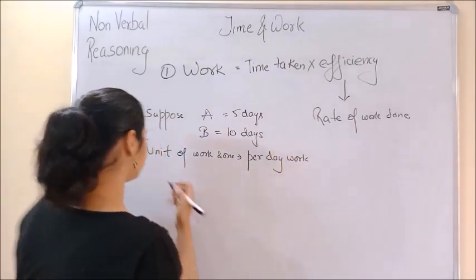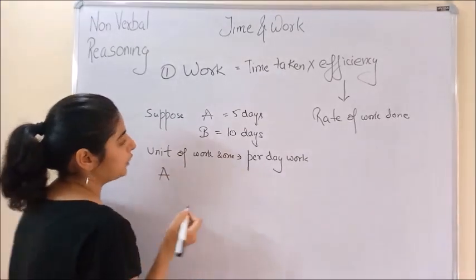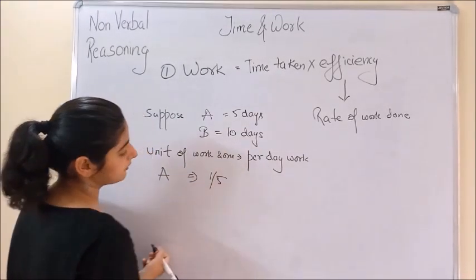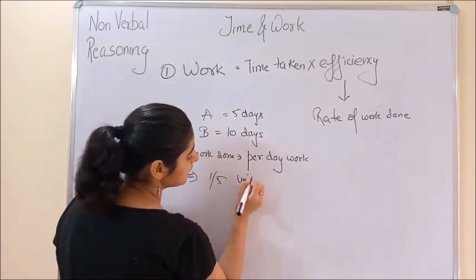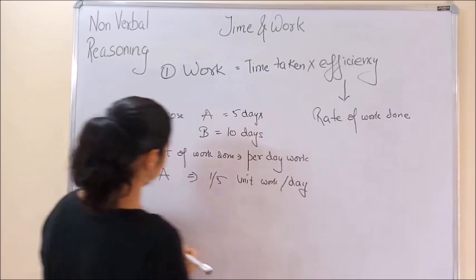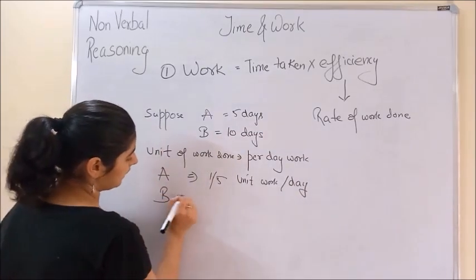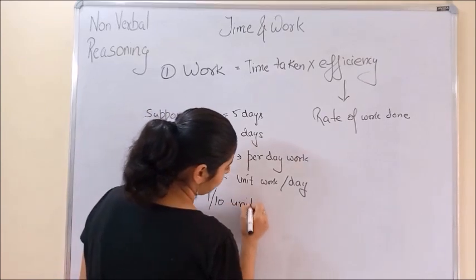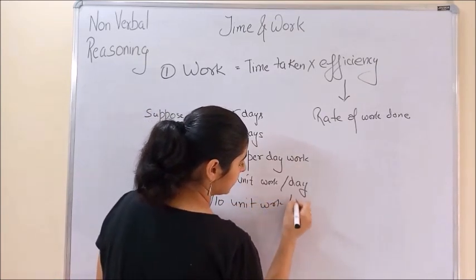For A, unit work done is 1/5 unit work per day, and for B it is 1/10 unit work per day.